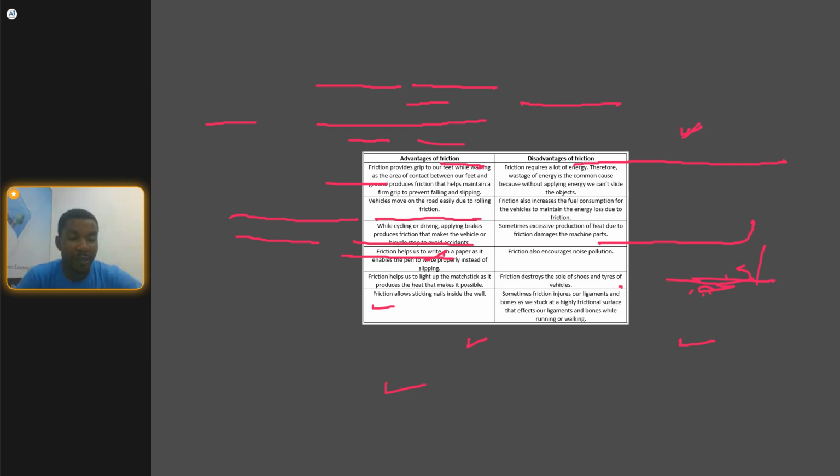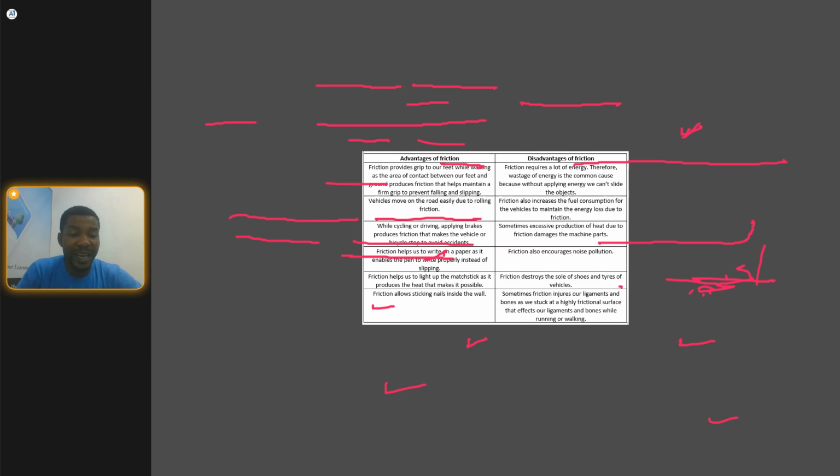So a disadvantage of friction is that it leads to the gradual destruction of our shoes or that of the tire of the vehicle. Sometimes friction injures our ligaments and bones as we strike a highly frictional surface while running or walking.